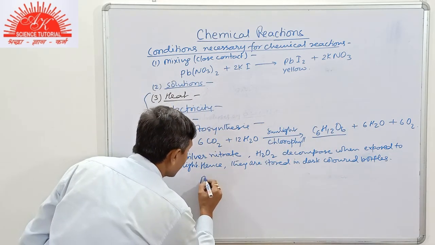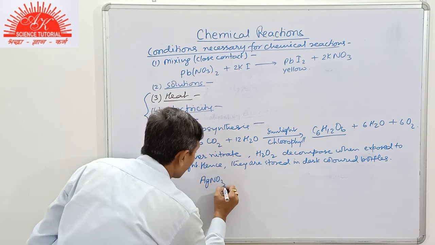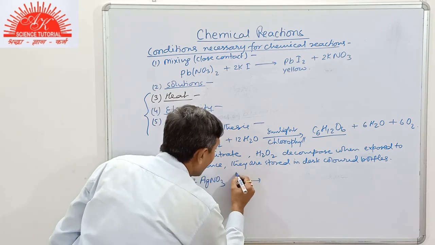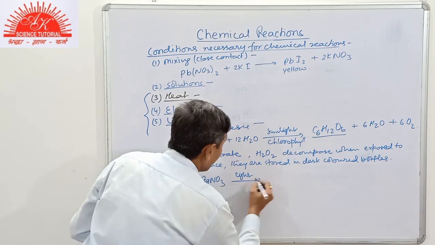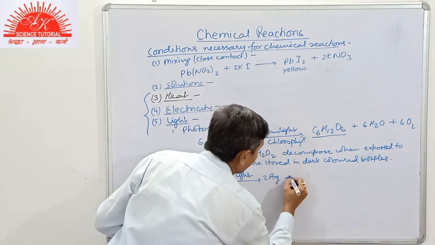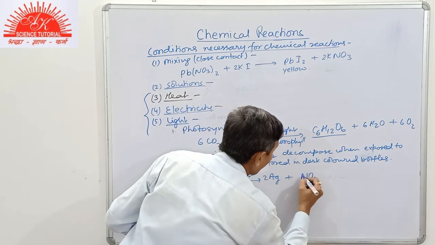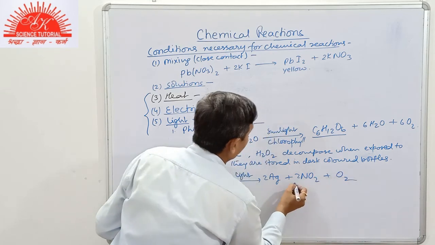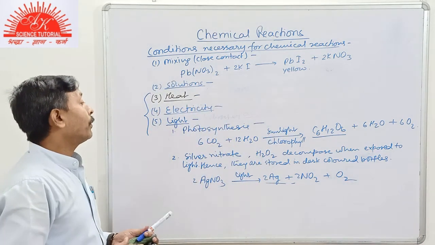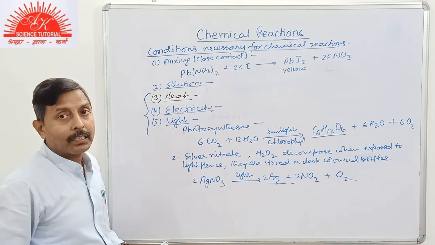Like, suppose we take silver nitrate. When light or sunlight falls on it, then it decomposes to give us this type of product. So this is taking place with the help of light energy.